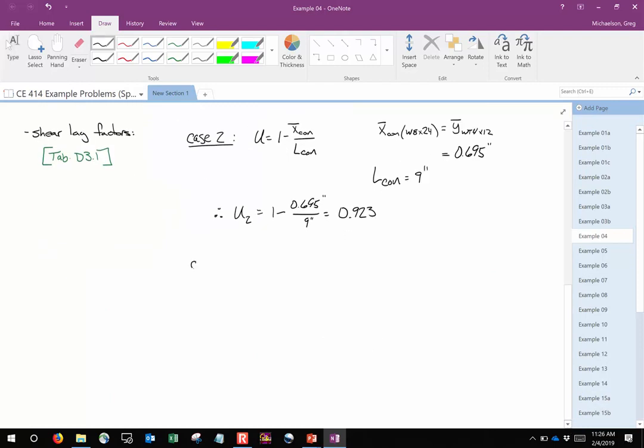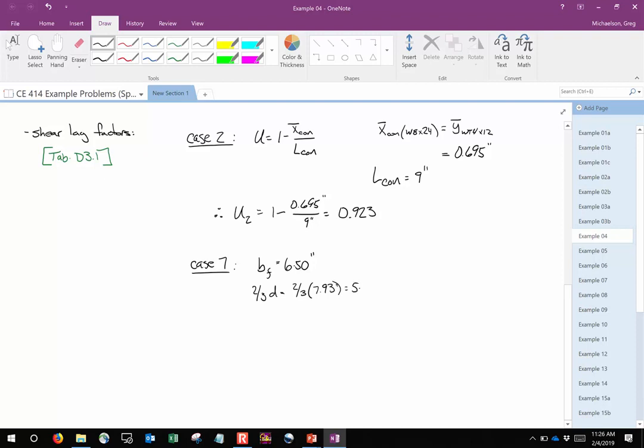Now, how do we determine what our shear lag factor is according to case 7? There we go. So what was BF? And what do we compare that against? No, 2/3 of D. So what is 2/3 of 7.93?